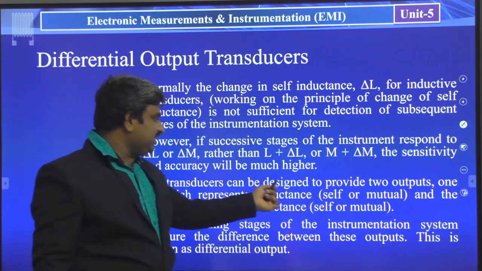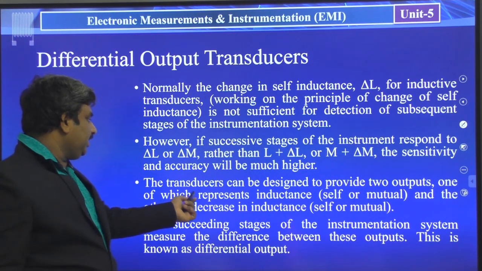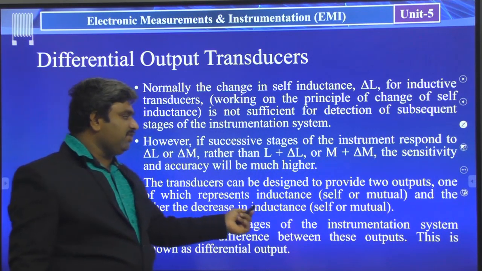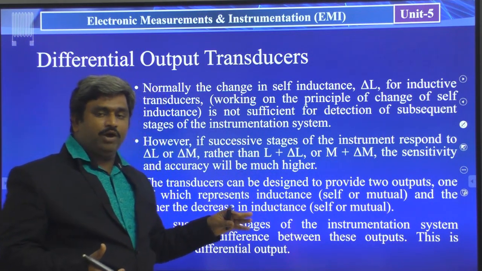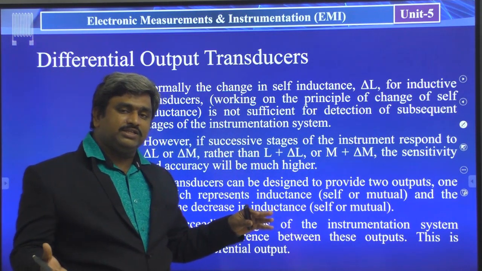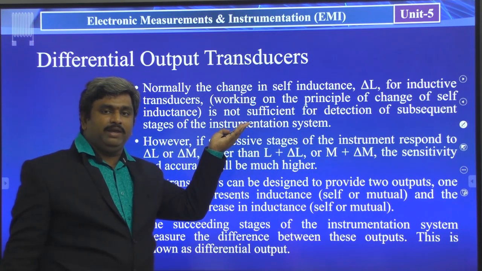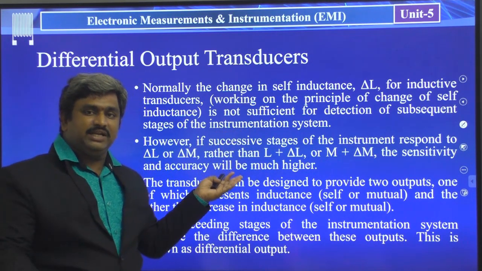The transducers can be designed to provide two outputs, one which represents an increase of inductance and the other which gives a decrease of the inductance. So one side you provide self or mutual inductance, and the other side also gives self or mutual inductance. If one side inductance rises, on the other output side you will get less inductance.